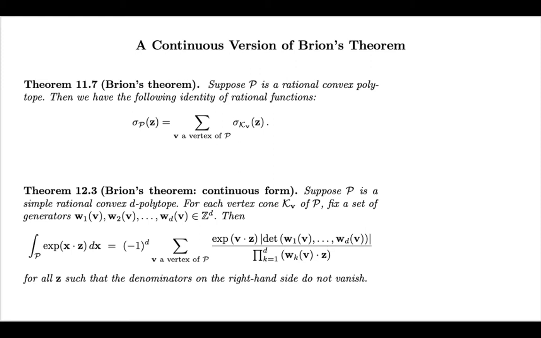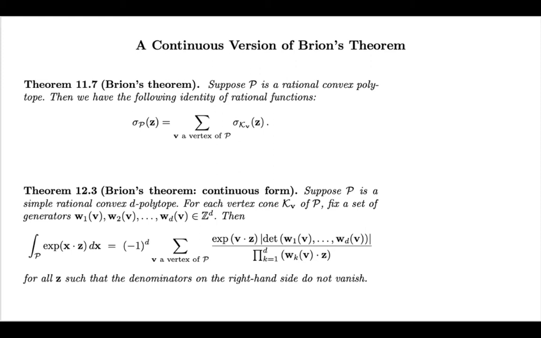On the left-hand side, we have the integral of an exponential function over the polytope P. And on the right-hand side, we have a sum over all vertices of rational functions. And we will see that these rational functions naturally come from integrating over the vertex cone.